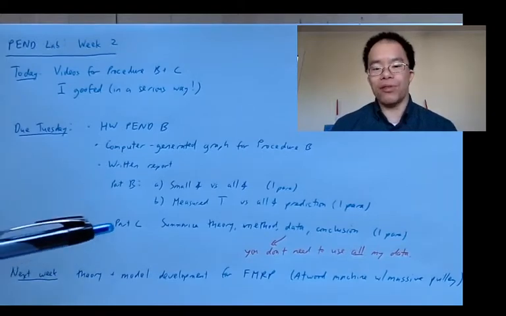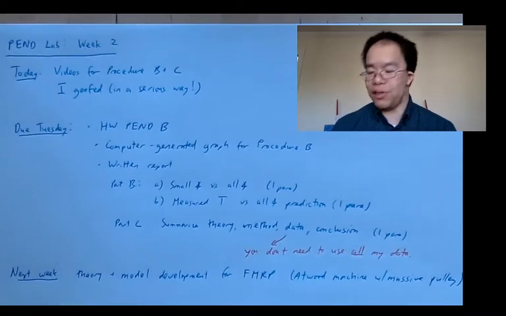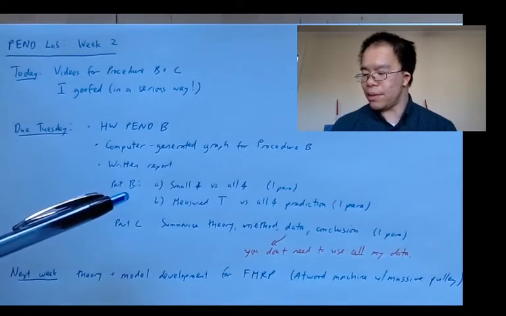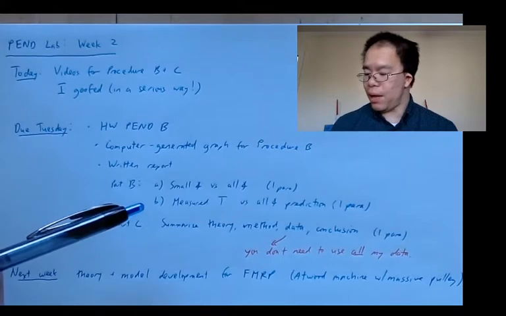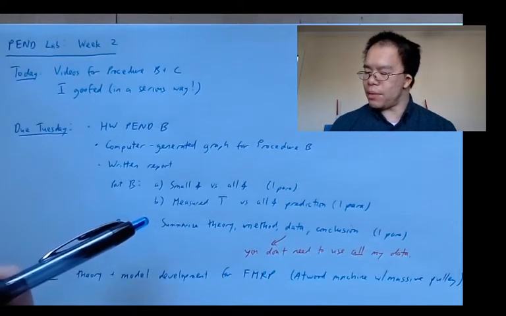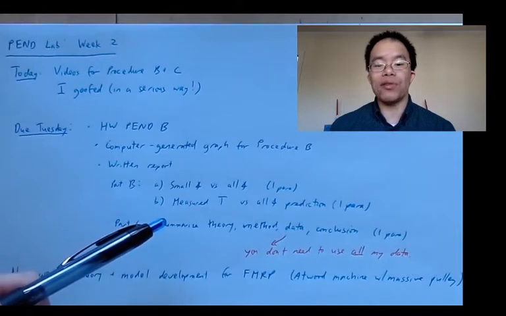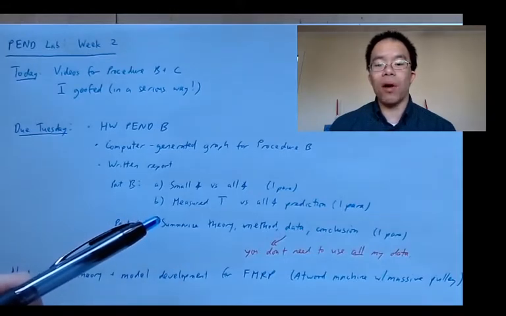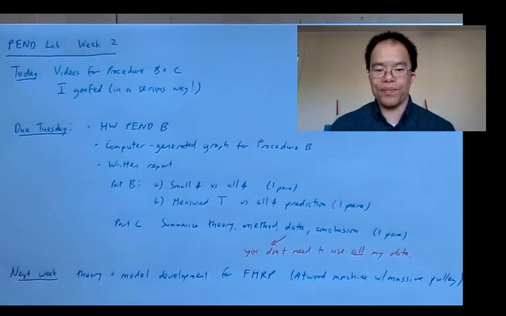So 2 about procedure B and 1 about procedure C. We want you to, as it describes in the manual, write a paragraph comparing the predictions of the small angle model to the all angle model, the all angle model being the one we talked about in class this week, involving that integral you have to evaluate numerically. We also want you to write a paragraph comparing your measured periods to the all angle model prediction.